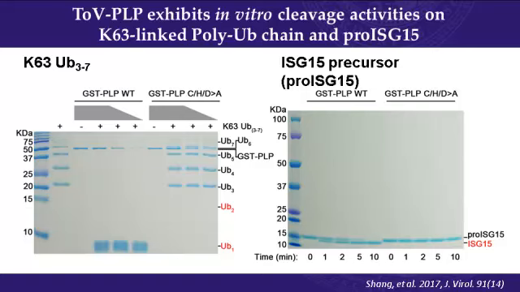As you can see, this torovirus-derived PLP has strong cleavage activity toward this K63-conjugated polyubiquitin chain. You can see this ubiquitin chain is cleaved into the monomer. And this PLP also has strong cleavage activity toward the ISG15 precursor.